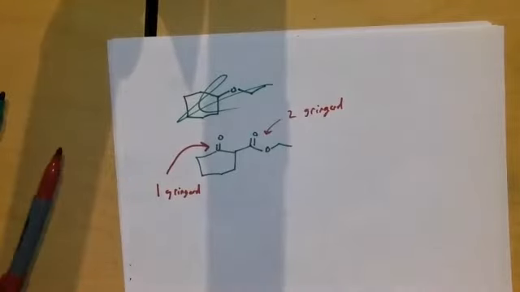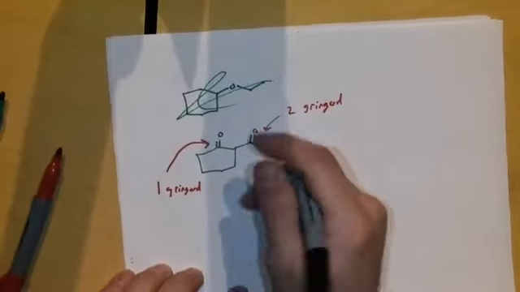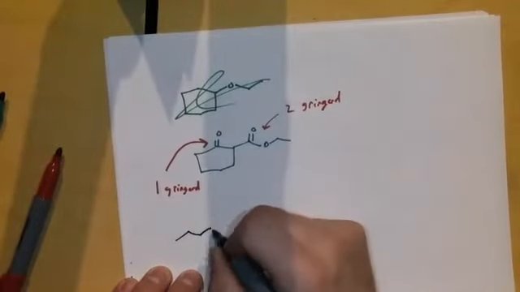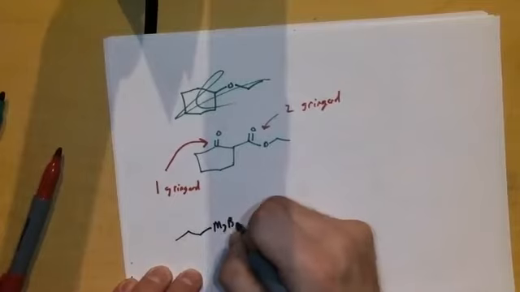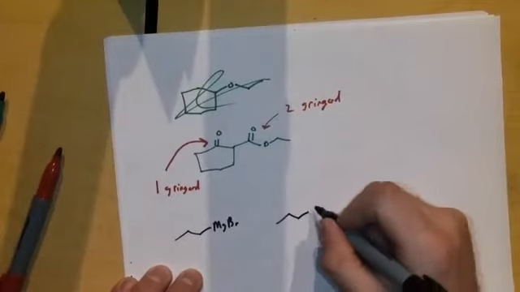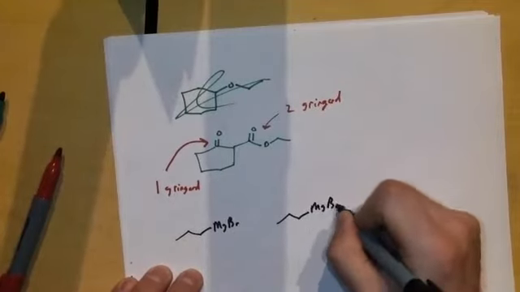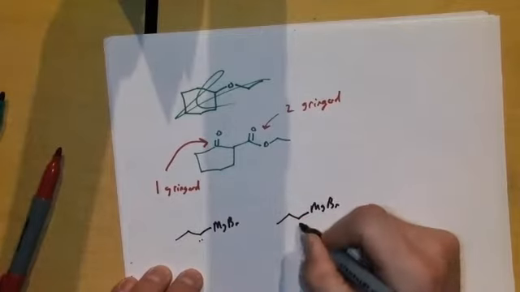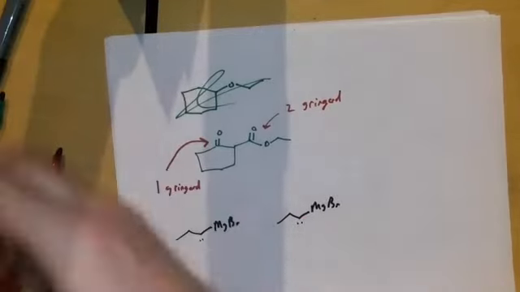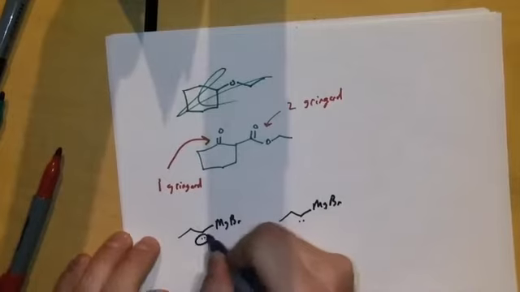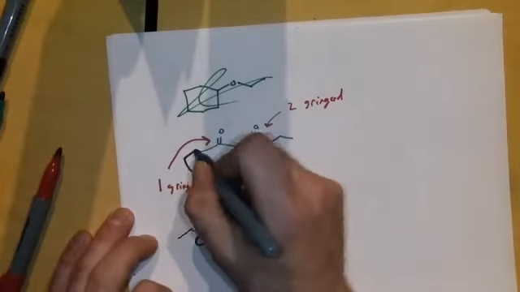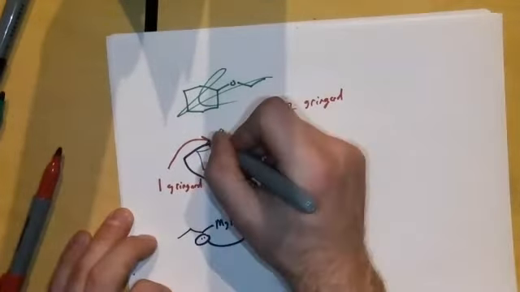So if I draw this one, and I do a 3-carbon, I'll draw 2 MgBr for this first part. One of them can attack at our ketone.